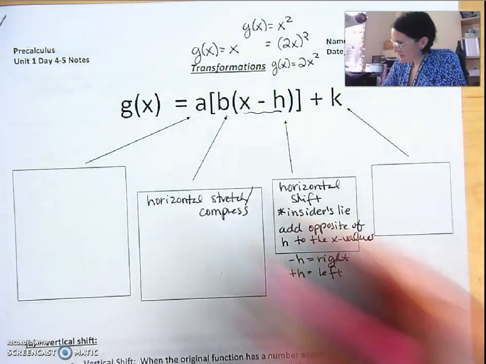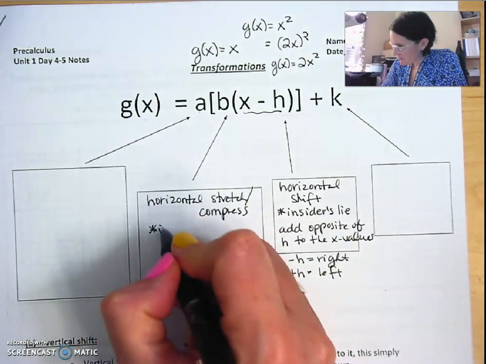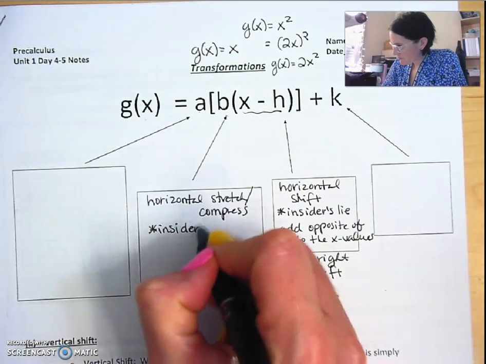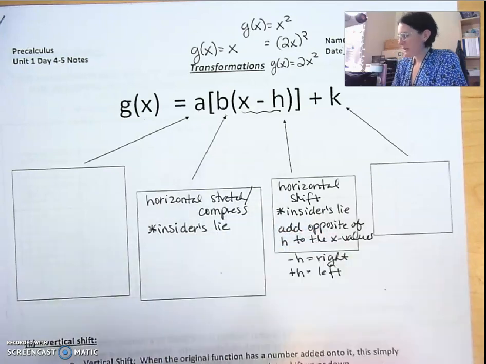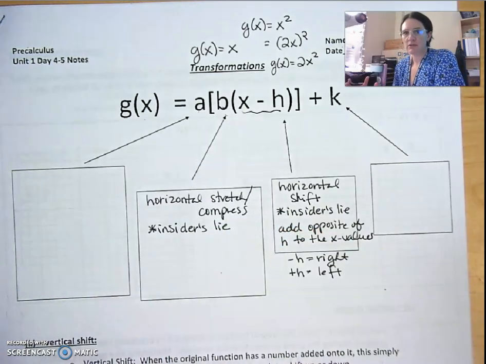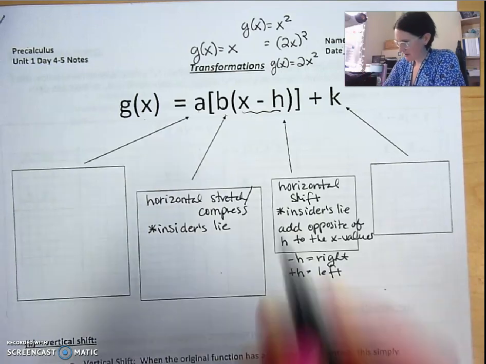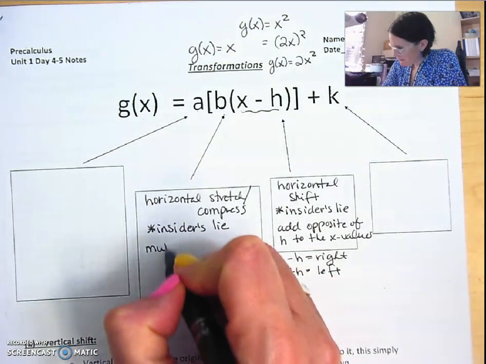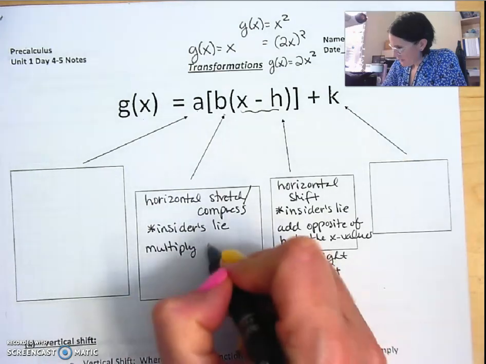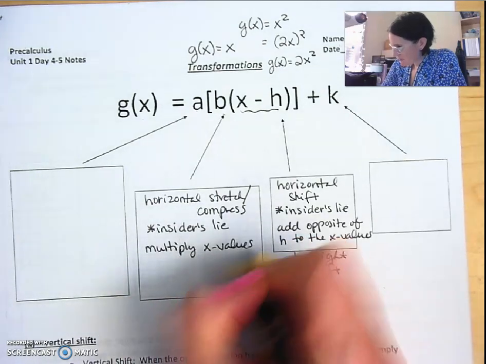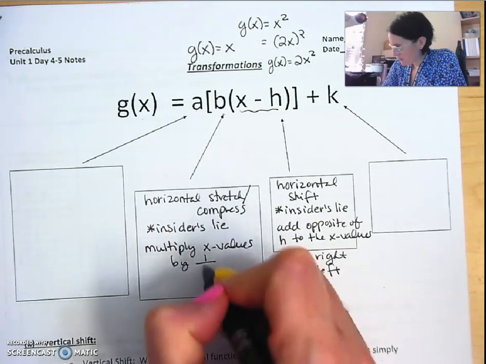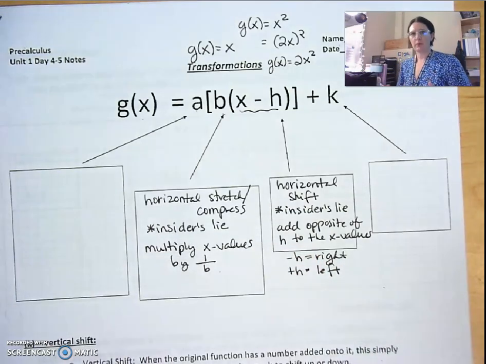And in this case, it's still an insider's lie situation. But instead of adding the opposite of what you see, you're going to be multiplying by the opposite of what you see. So you will multiply x values by 1 over b. You are multiplying by the multiplicative inverse.